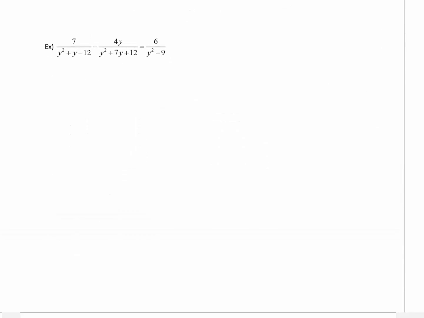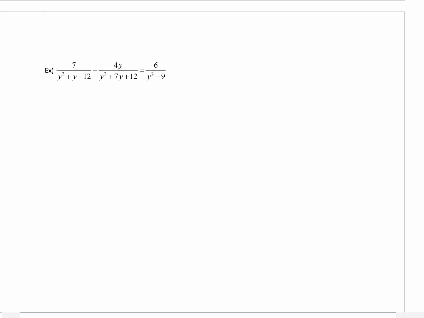Okay, so let's take a look at the next example. So now again, let's factor each of the denominators, because once we do that, we'll be able to figure out our restrictions quickly, and then we'll be able to figure out our LCD quickly also.